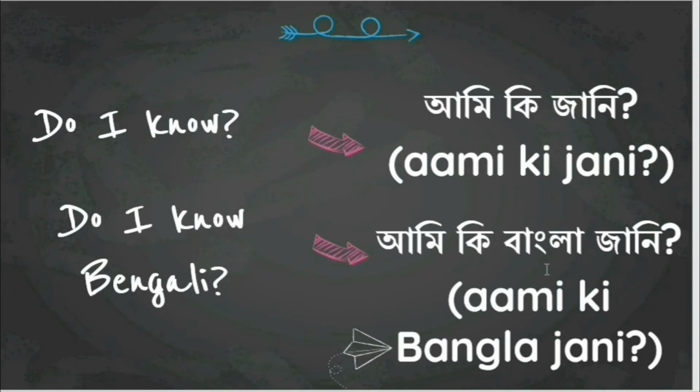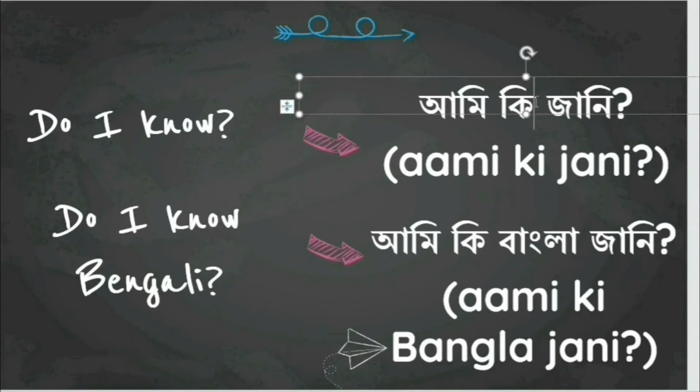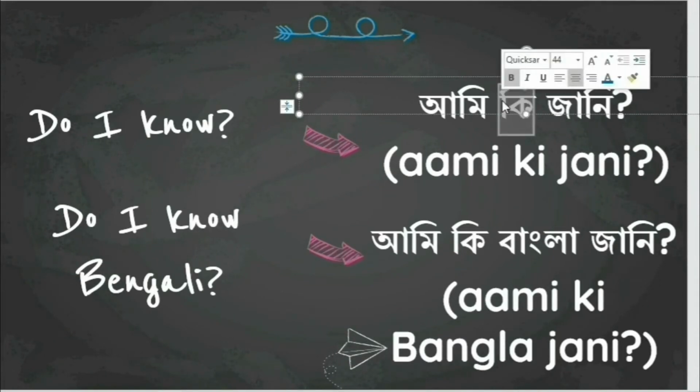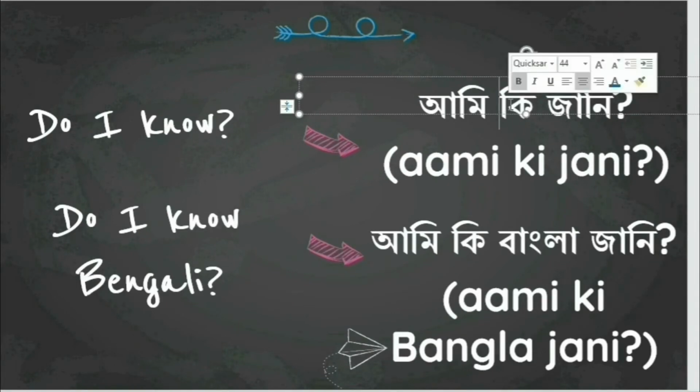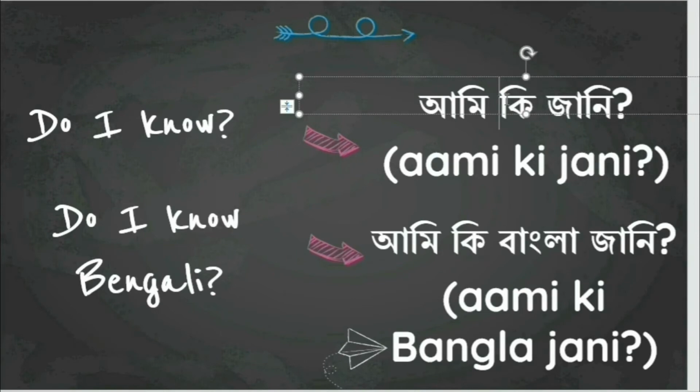So what is the difference between the previous sentence and this sentence? The meaning is exactly the same, but one little thing is added here. That is this ki. The ki with the shorter vowel sign, the short umbrella. Those of you who have attended my reading classes, you know that I call it short umbrella.